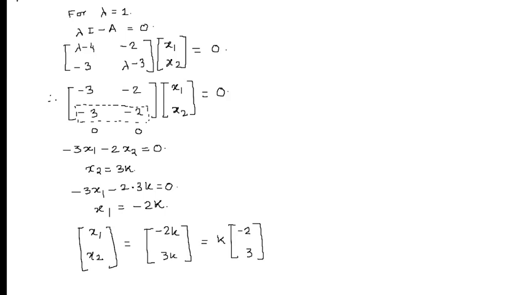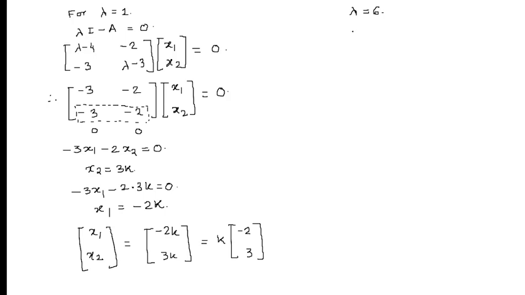Now we are going to apply the same process for lambda equal to 6. Okay. So when lambda is equal to 6, what is our expression? You just put the value of lambda equal to 6 in the general expression.